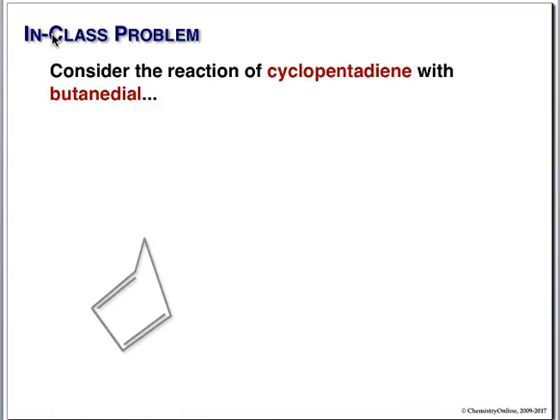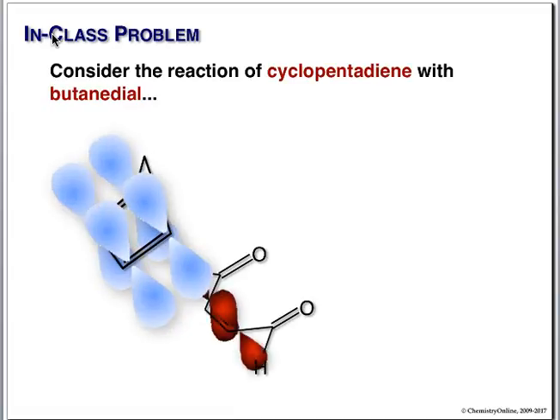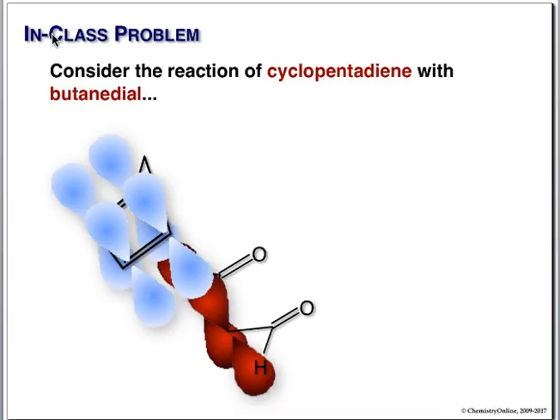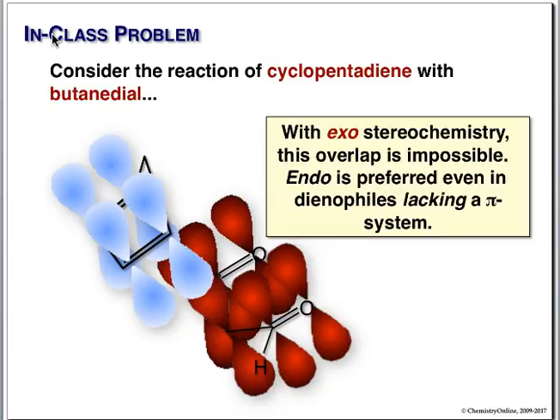If we looked at the exo isomer, again, we have 4 here, we have 2 here. We're going to make our bonds right here. But what a waste. These guys out here are just dangling out in space. They're not interacting with anybody. So it simply has to do with the ability of the ends of our dienophile to interact with the orbitals on our diene.